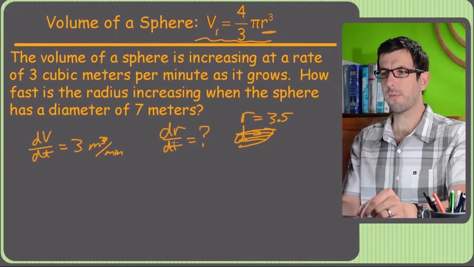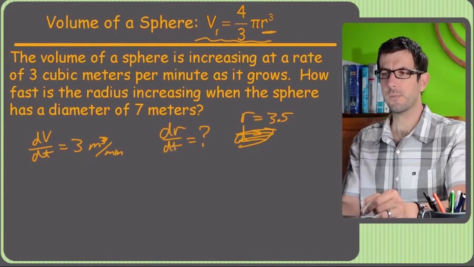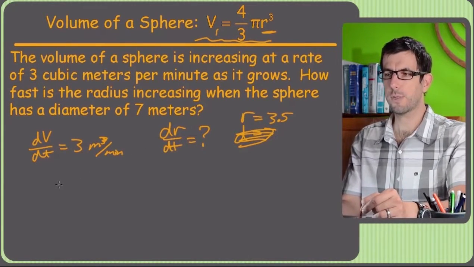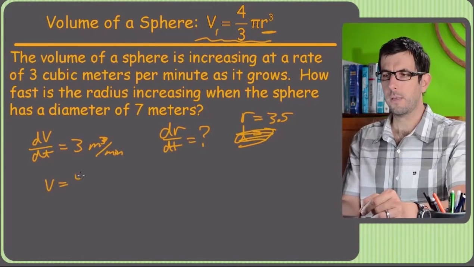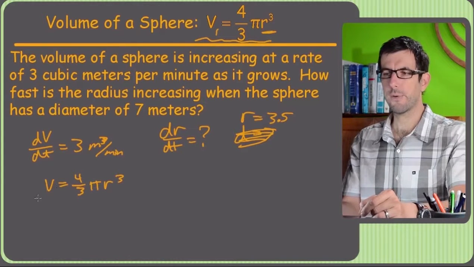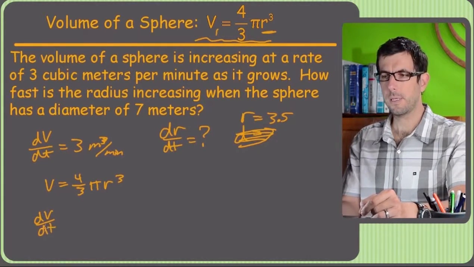All right, so I've got the given information. How fast is the radius increasing when the sphere has a diameter of 7? We're going to start with V equals 4/3 pi r cubed, and then we'll start taking the derivative of stuff. So the derivative of volume is dV/dt equals 4/3 pi, and then the derivative of r cubed is 3r squared dr/dt.